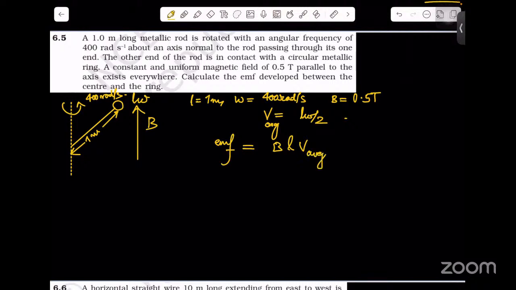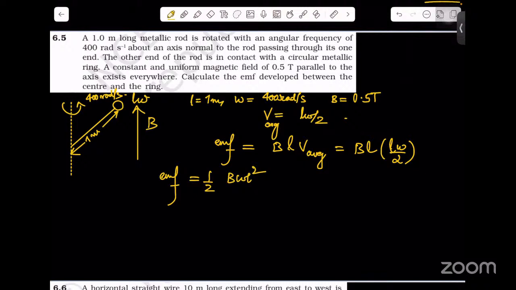And the EMF developed will be B L v, with the average velocity in this case, where B is 0.5. Or you can say B L, and the v average is L omega upon 2. So the induced EMF will be half B omega L squared.